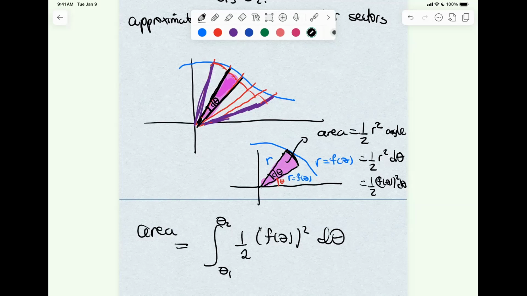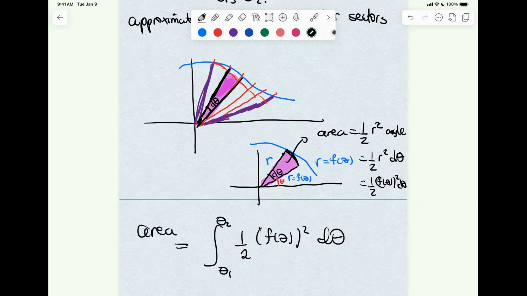Now, that is the formula, and there's a tendency to want to explain where it comes from. So if you have a disk, right? Let's call this angle alpha so that it doesn't get confused with the other one. And you have a circle of radius r.